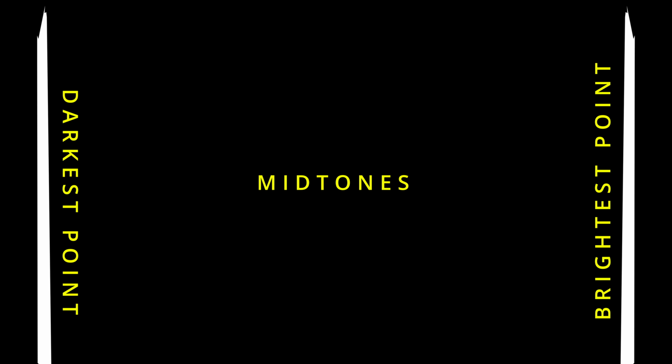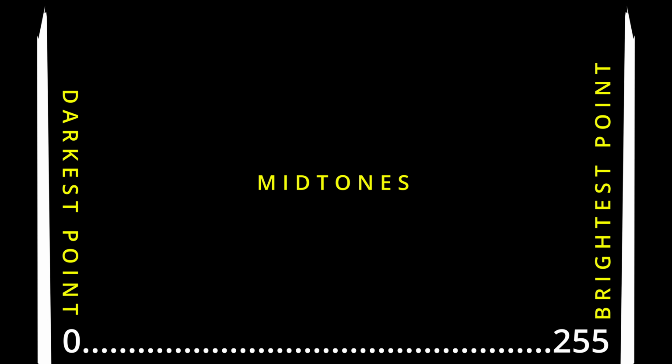Let's break down this image and show you exactly how it works in real time. The histogram looks at what you are seeing live. It looks at every pixel on a scale of 0 to 255 and then graphs it on a horizontal scale. 0 is pure black, 255 is pure white.